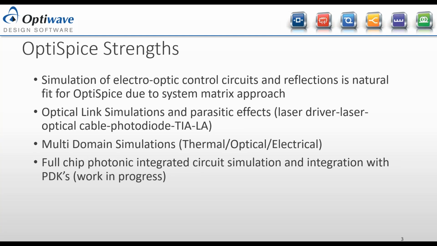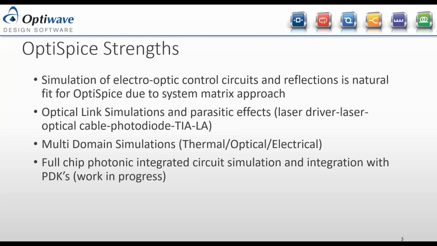One of the other strengths of OptiSPICE is being able to create control circuits. For example, let's say you have a laser and a laser driver in your design, and that is generating heat. Near this laser, we have an optical component, a ring resonator, which is very sensitive to temperature changes because the temperature will affect its resonance.